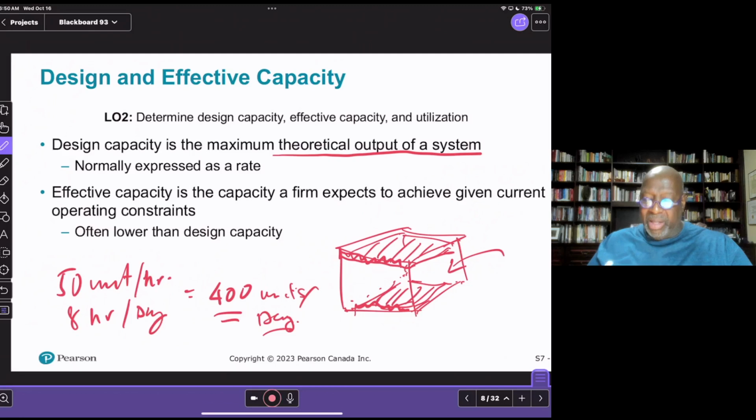However, because sometimes we have to stop for equipment changeovers, adjustments, and things like that, maybe your effective capacity is now 40 units per hour. So in that case, 40 multiplied by 8 is 320 units per day.